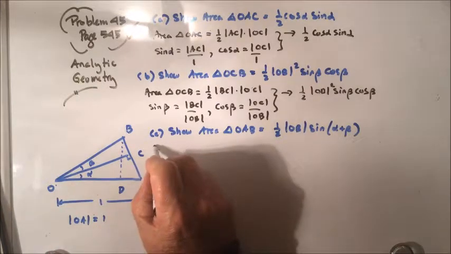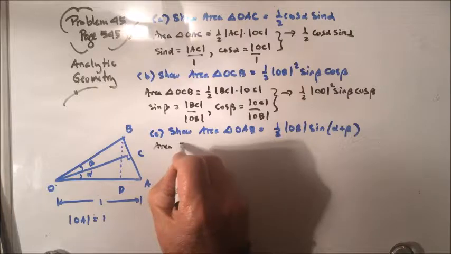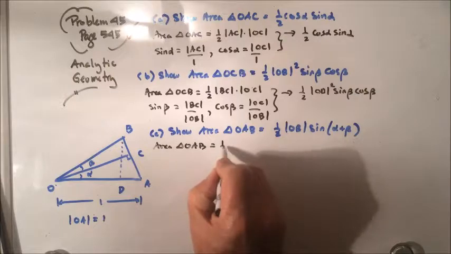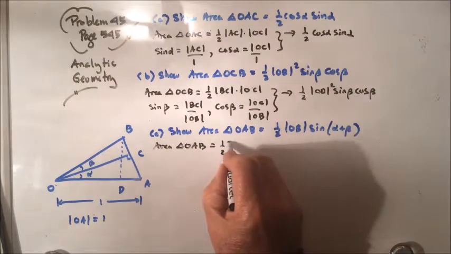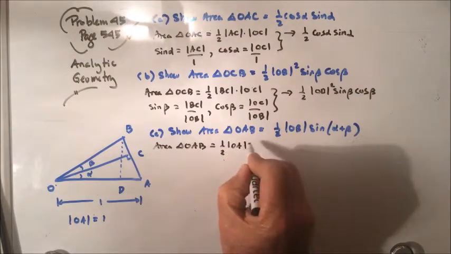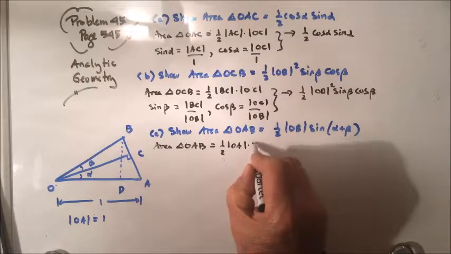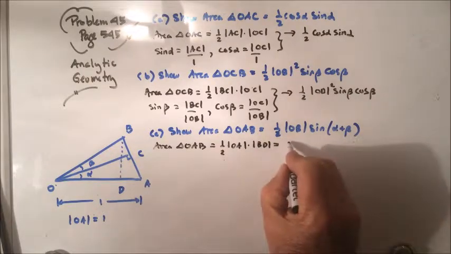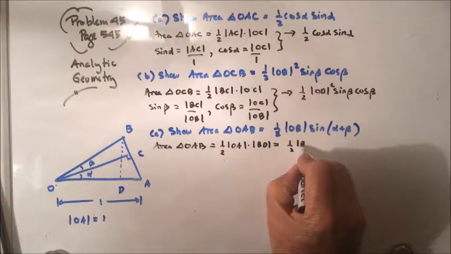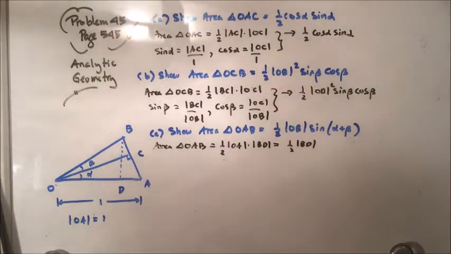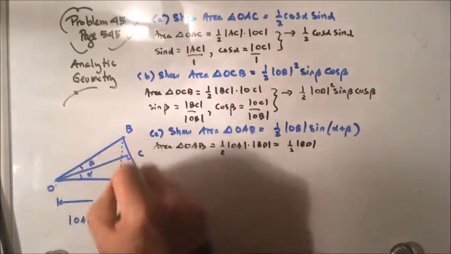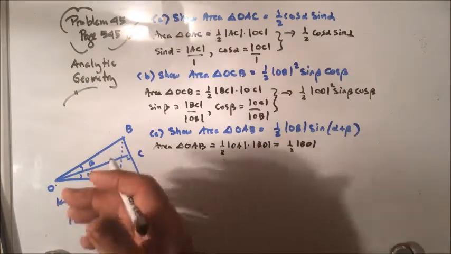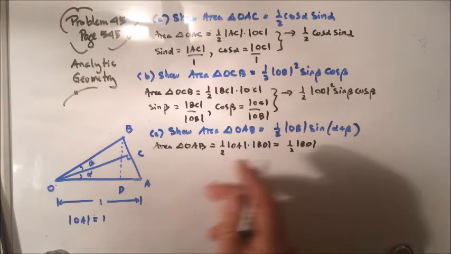So let's just say the area of triangle OAB is 1/2 the base, which is OA, which is 1, times the height, which is BD. Since OA is 1, that's 1/2 BD. So let's go find BD. BD is in a right triangle right here. The hypotenuse is OB. That included angle is the sum of alpha plus beta.